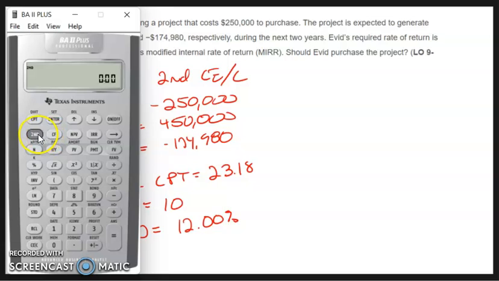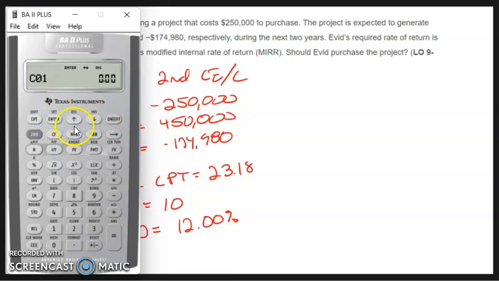So second cash flow, second clear. 250,000, enter it as a negative.